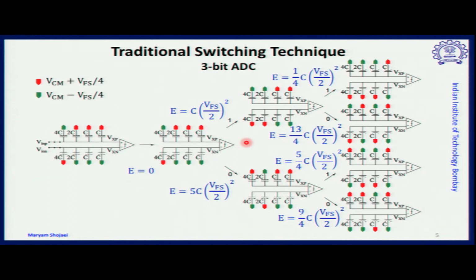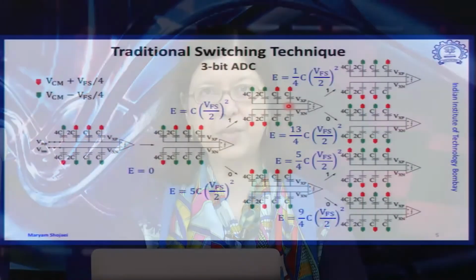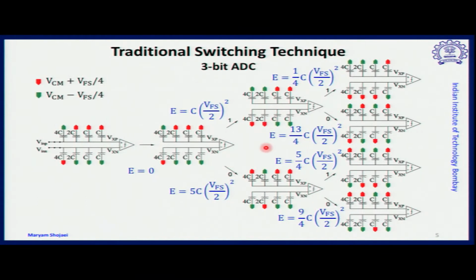So V in P is more than V in N. If that is the case, in this traditional switching, what we do is we try to reduce the effect of V in P and increase the effect of V in N. In other words, we try to reduce the range of the search by reducing the effective voltage for V in P and increasing the effective voltage for V in N for the comparator.